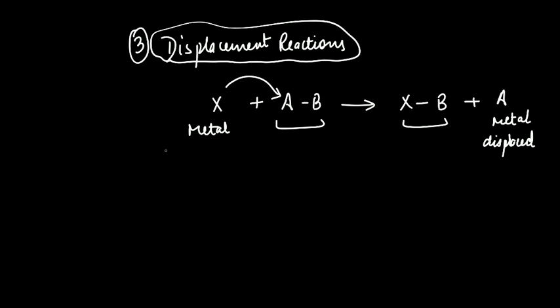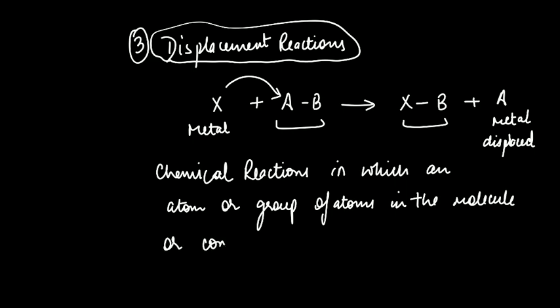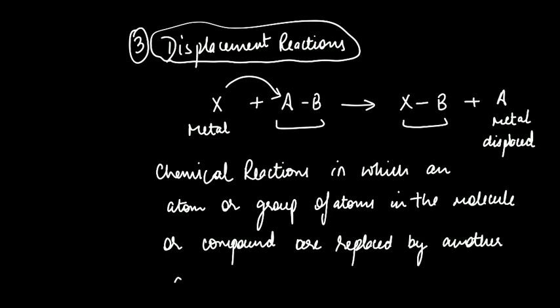So we can say that displacement reactions are chemical reactions in which an atom or group of atoms in the molecule or compound are replaced by another atom or group of atoms.